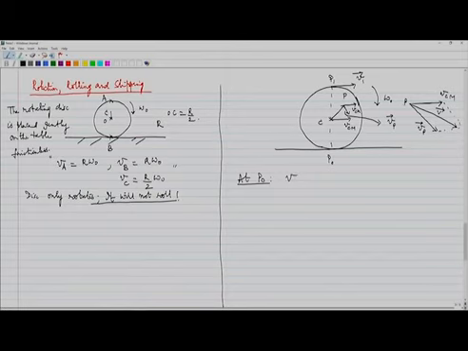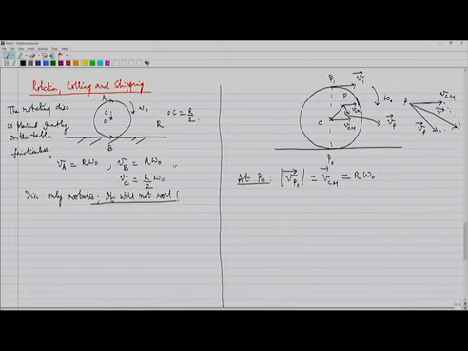So VP naught at this particular point, its linear velocity must be the same as the velocity of the center of mass. In other words, when the center of mass motion is like this, here it will have motion, and its linear velocity will be here. Both of them should be equal. This is what is equal to R omega naught.